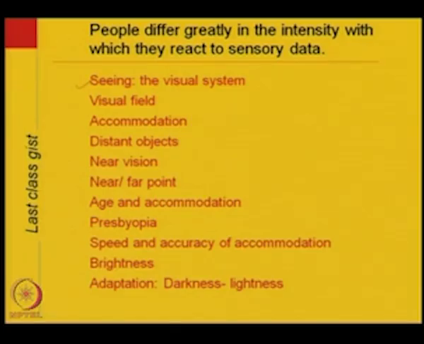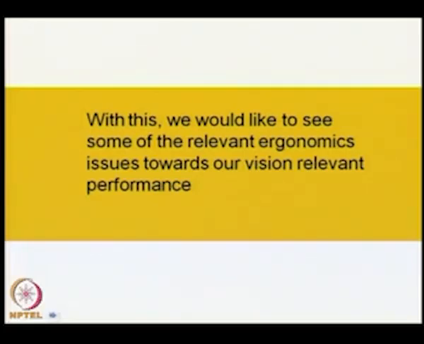Then visual field, accommodation, distant object, near vision, near and far point, age and accommodation, presbyopia, speed and accuracy of accommodation, brightness and its effect on vision, adaptation, that is darkness and lightness. So, with this we would like to see some of the relevant ergonomics issues towards our vision relevant performance.